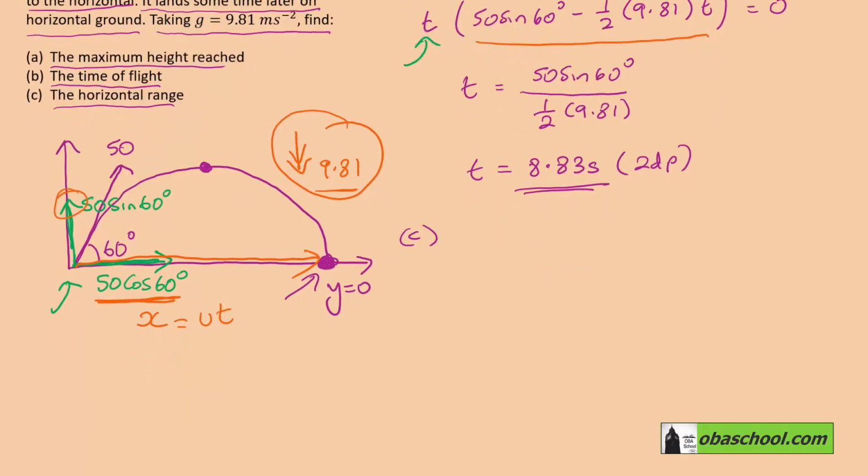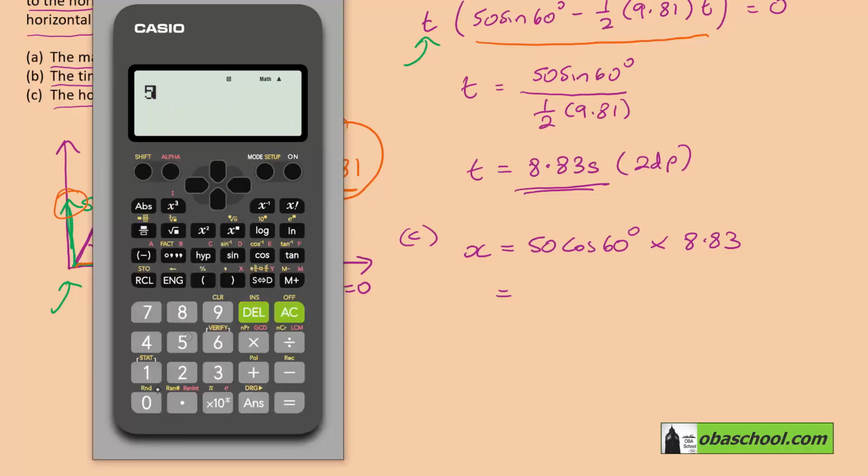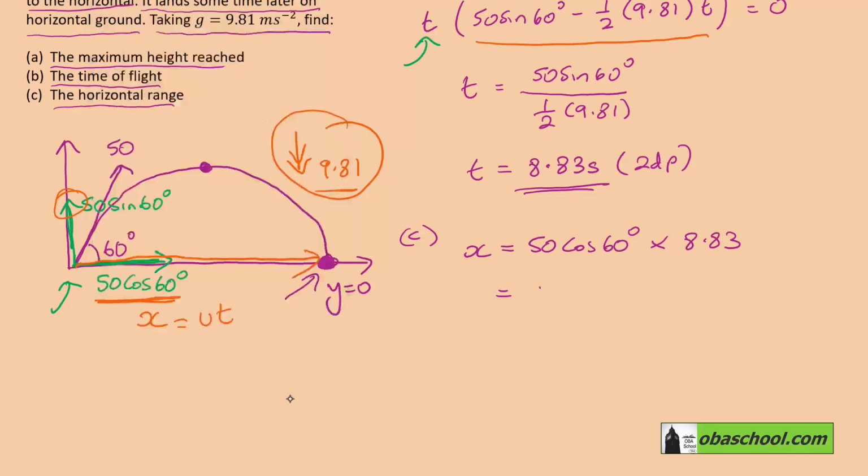So x is going to be 50 cos 60 degrees multiplied by 8.83. So what I'm going to do is 50 times the cosine of 60, and multiply that by my last answer, and I'm going to get 220.7 meters.